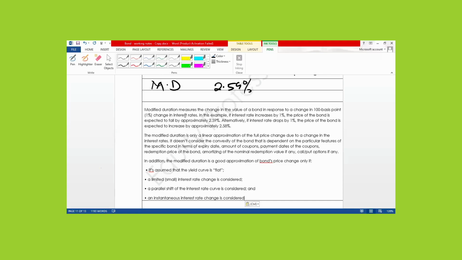In this example, if the interest rate rises by 1%, the price of the bond is approximately 2.5%.